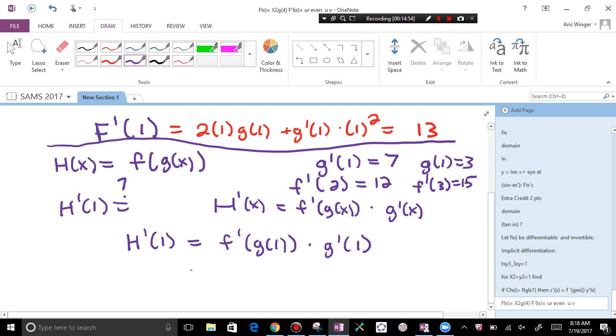Again, I think we have all these values. This is f prime of g of 1, which is f prime of 3, which is 15, times g prime of 1, which is 7. 15 times 7 is 105.